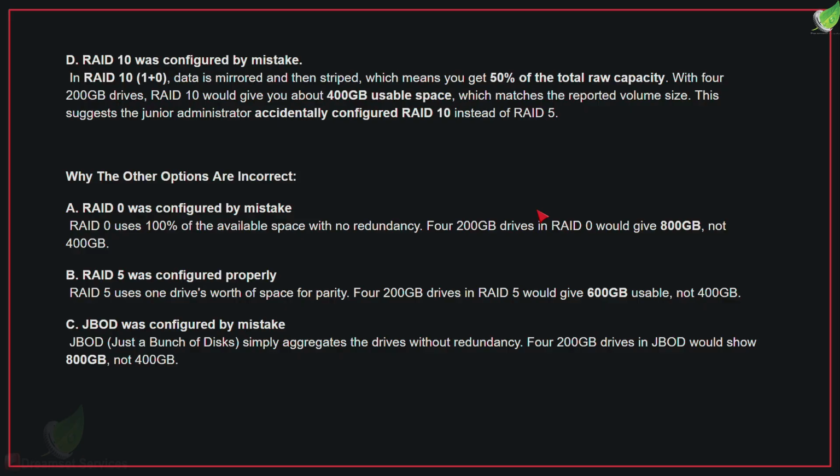C. JBOD was configured by mistake. JBOD simply aggregates the drives without redundancy. 4 200 GB drives in JBOD would show 800 GB, not 400 GB. Therefore, the correct answer is D. RAID 10 was configured by mistake.